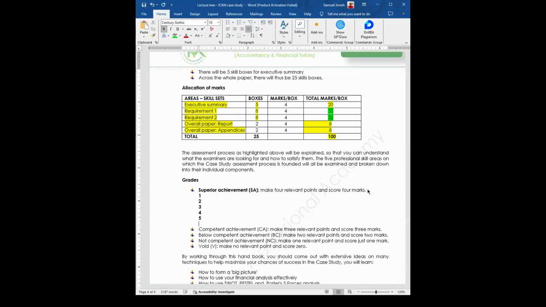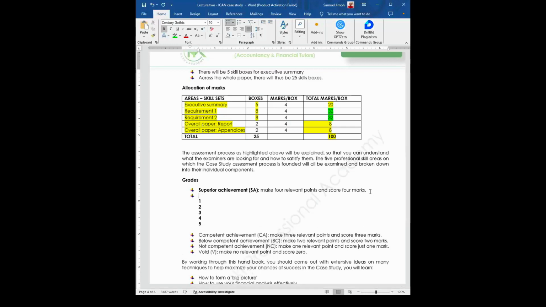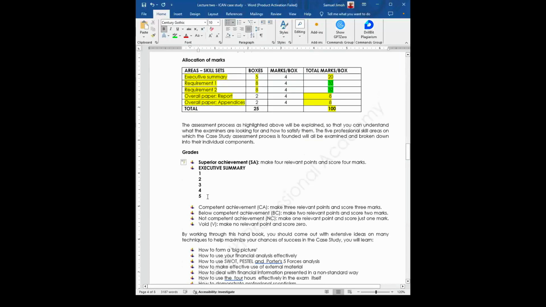Are you with me? So what superior achievement means is that what you are to do under executive summary is 4 marks each. I hope you are following me. These are the things that you're expected to do under executive summary, and 4 marks each.